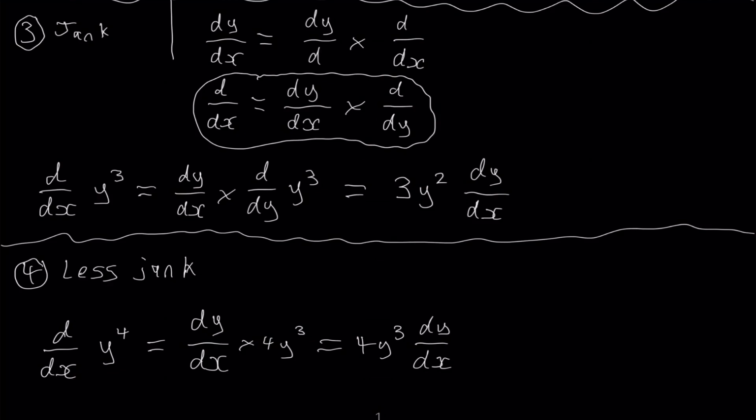Now considering these two methods, I'd like to actually look at an example of implicit differentiation in use. We're going to start off with an equation, 3x squared plus 2xy plus y squared is equal to 6.